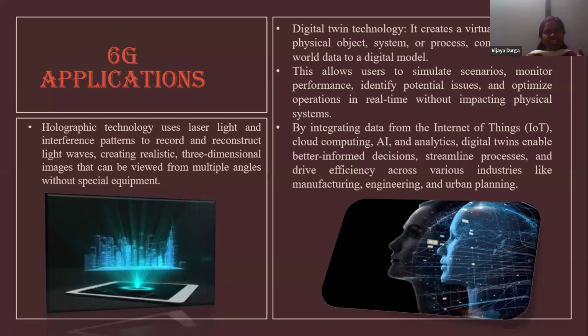It can be used in many fields like manufacturing, engineering, urban planning, and in many applications this technology is useful. So these are the basic 6G applications. There are many applications, but technology-wise, I have taken these two.